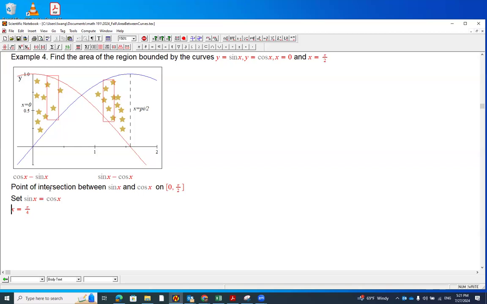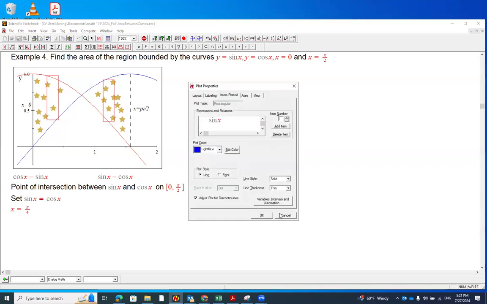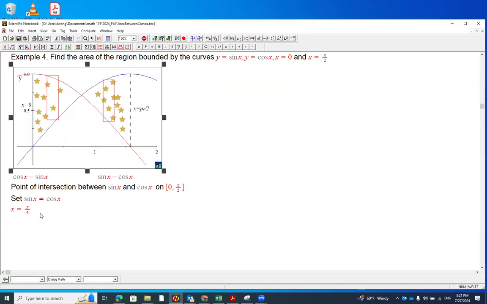So we find the point of intersection. When x equals pi over 4, y equals sine pi over 4, which equals cosine pi over 4, and that equals root 2 over 2.